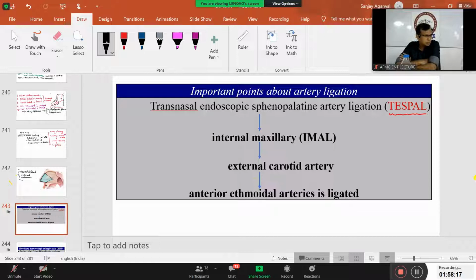If that did not work, the next artery is maxillary artery ligation. If that first one did not work, this is a sequence. Then the next option is maxillary artery. If that also doesn't work, then external carotid, then anterior ethmoid.